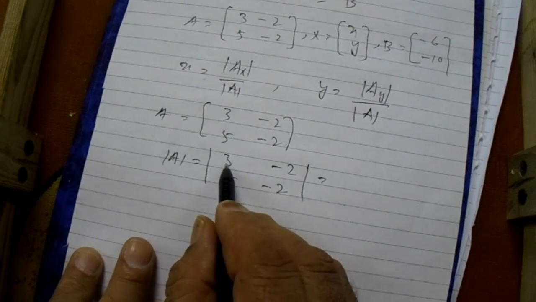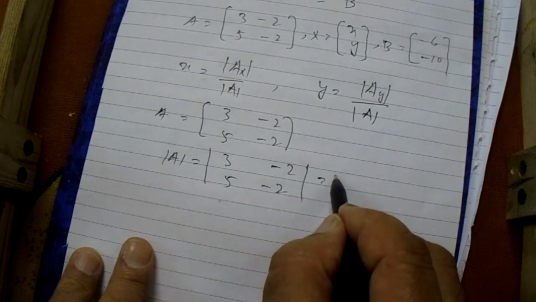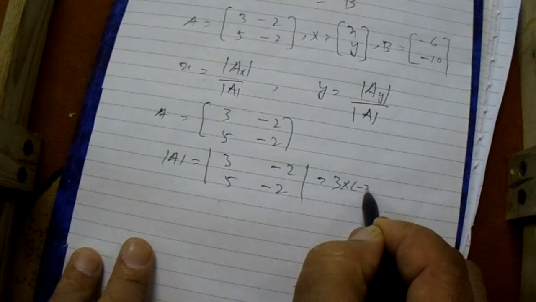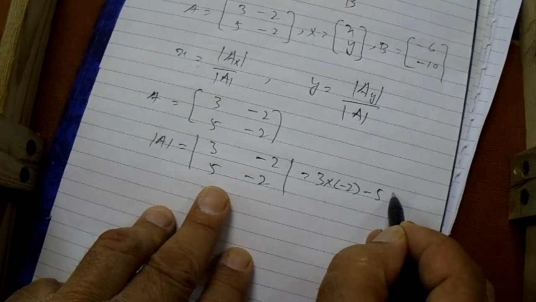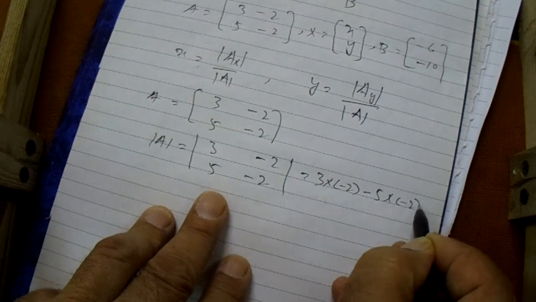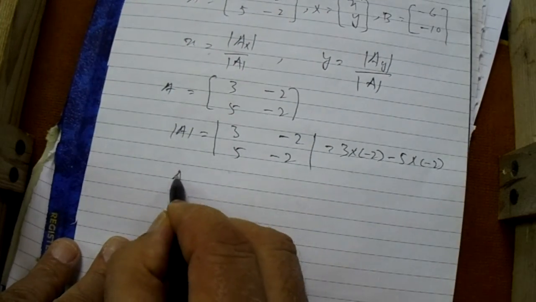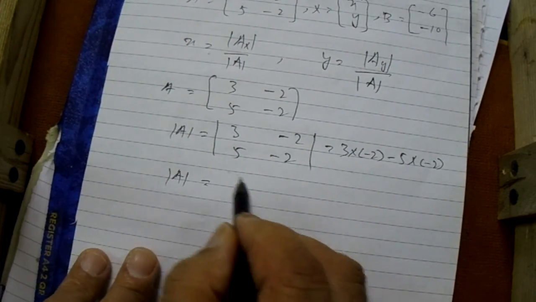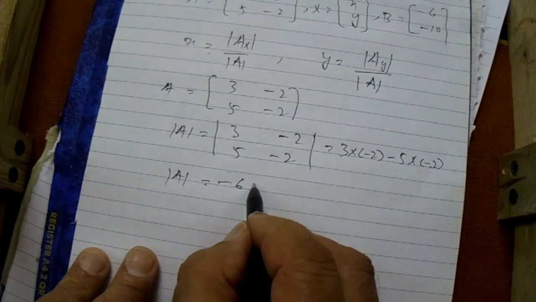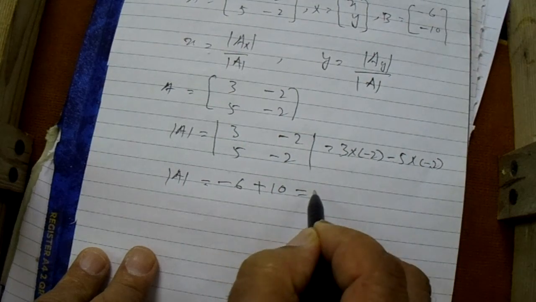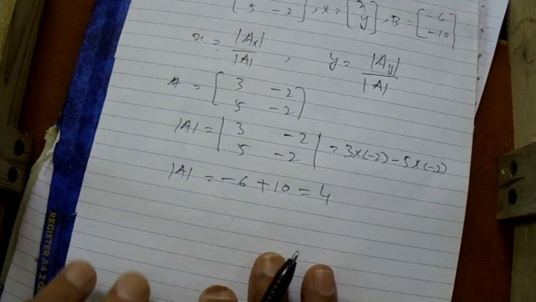It means 3 multiplied by minus 2, and minus 5 multiplied by minus 2. So det A is equal to minus 6 plus 10, which is equal to 4. Det A is equal to 4.